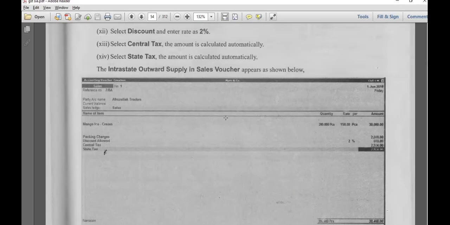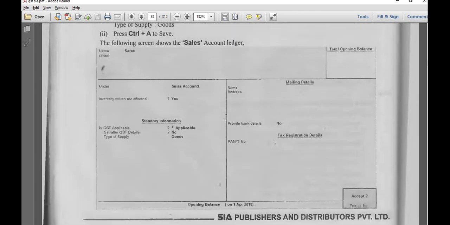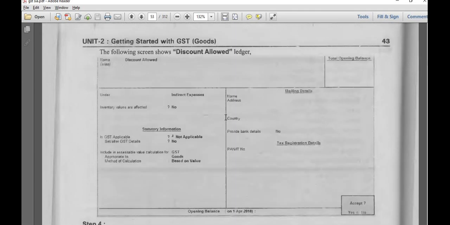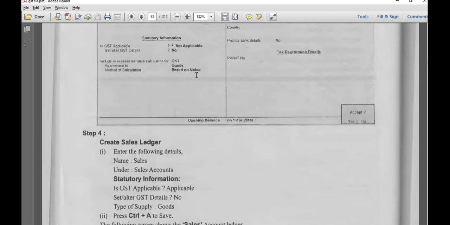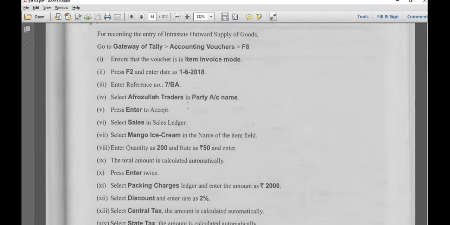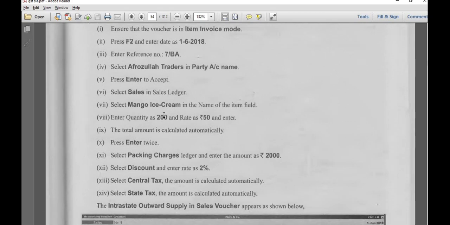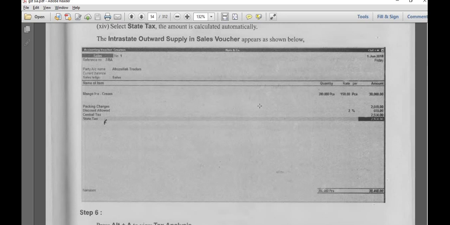No, we did a mistake. Based on value, discount allowed. Quantity 200, rate 150 and enter.